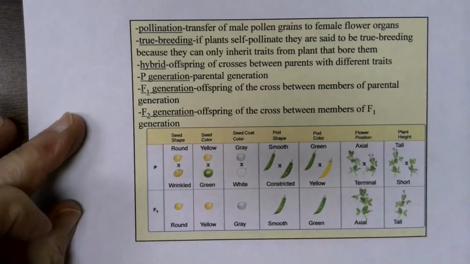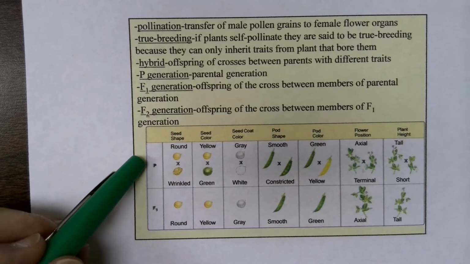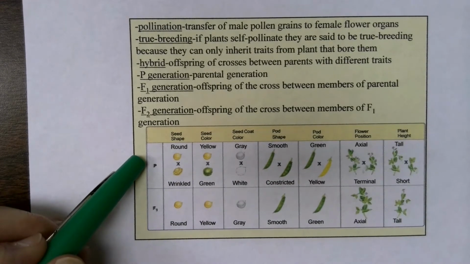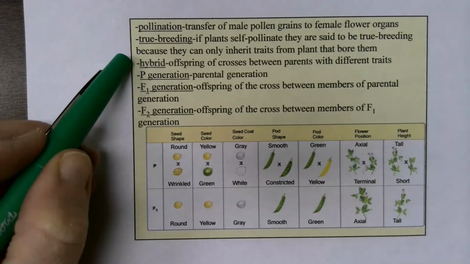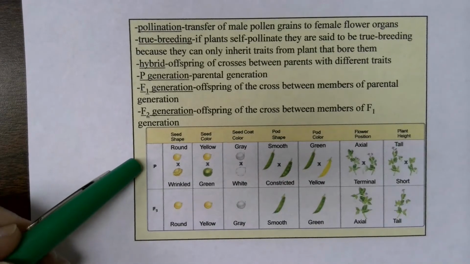Okay, so that being said, if we go to Mendel's studies with plants, where he dealt with producing offspring that were hybrids, that's what we're seeing here in the table.